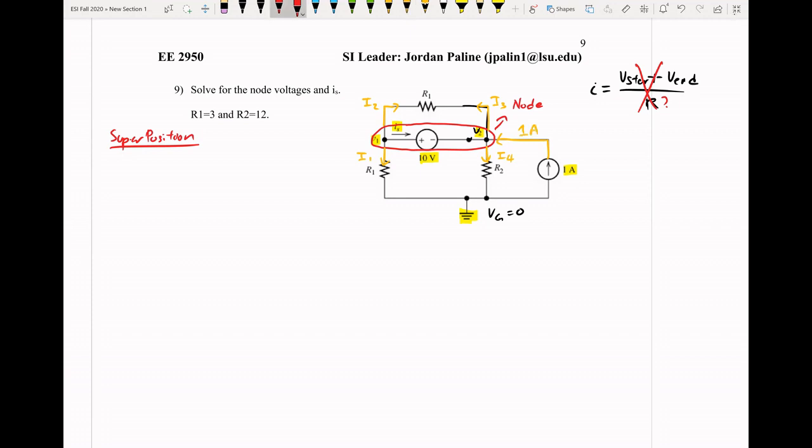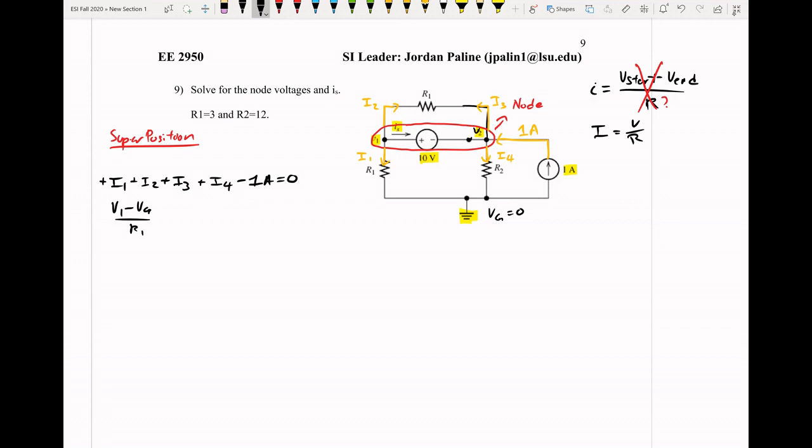All right, so I'll say plus I1 plus I2 plus I3 plus I4, and then minus 1 amp is equal to 0, because minus is entering. Then I'll continue on with I is equal to V over R. For I1, we'll say V1 minus VG over R1.